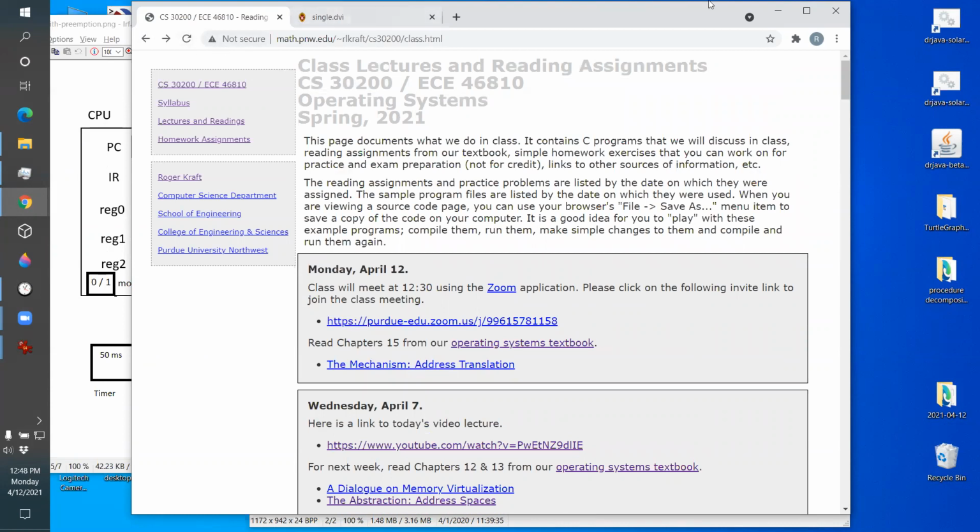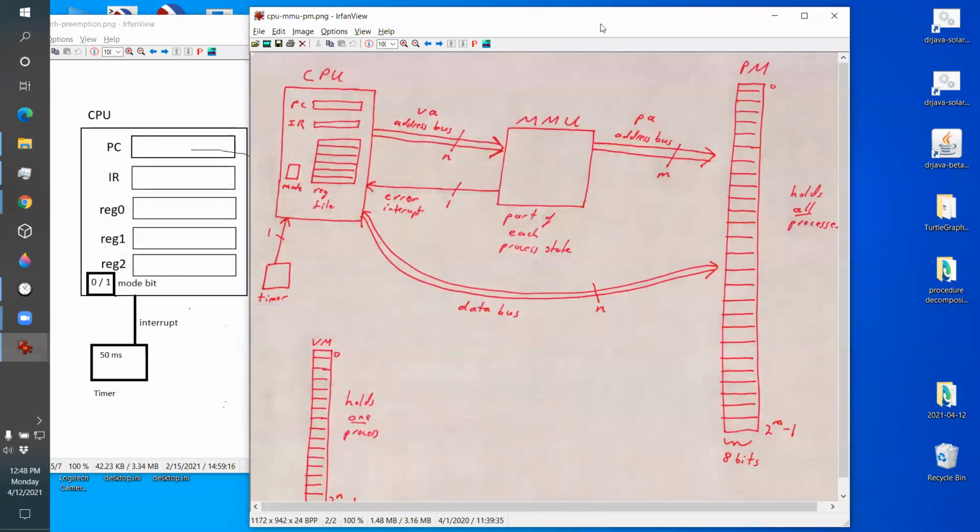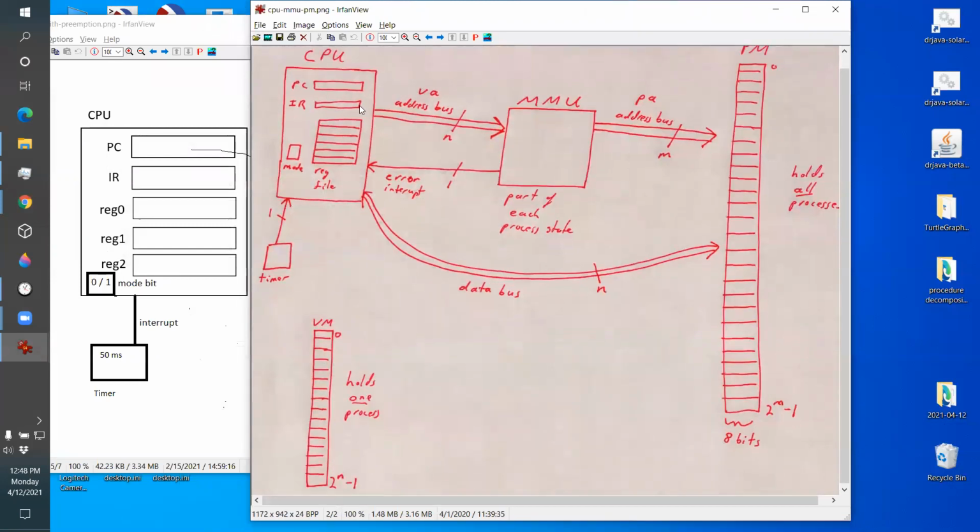So, in this picture, the CPU, when it's in user mode, is essentially the virtual CPU. It loses knowledge about the memory management unit. So it thinks it's actually talking to this virtual memory space that has all possible addresses. If this is an n-bit address, the CPU thinks it's talking to 2 to the n memory locations.